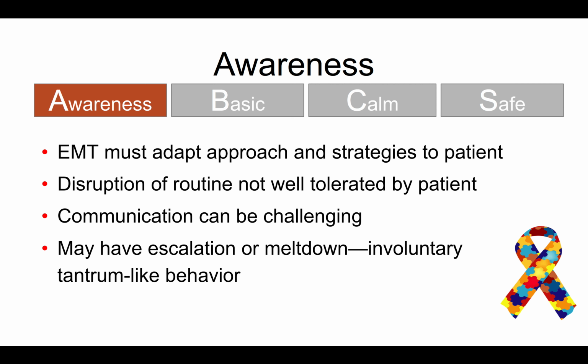These patients really won't handle disruption of their normal routine well. It can be difficult to talk to them, and not keeping things calm enough and kind of forcing issues can lead to escalations or meltdowns, which is like an involuntary tantrum, and that's not going to make the transport any easier or quicker.